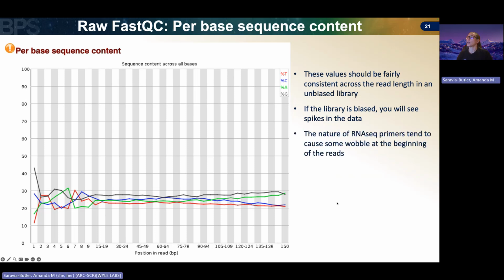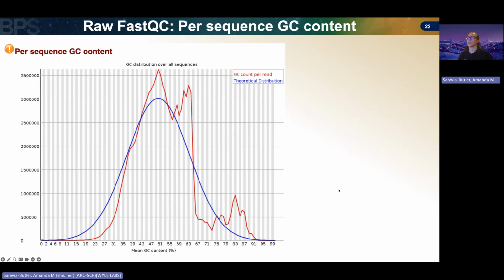The nature of RNA-seq primers, as I mentioned, tend to cause some wobble at the beginning of the reads, like we see there. The next module I'm going to go over is the per sequence GC content. For this, we expect the GC content to be normally distributed, which is going to be represented by this blue line here. Our actual GC content data is in red.